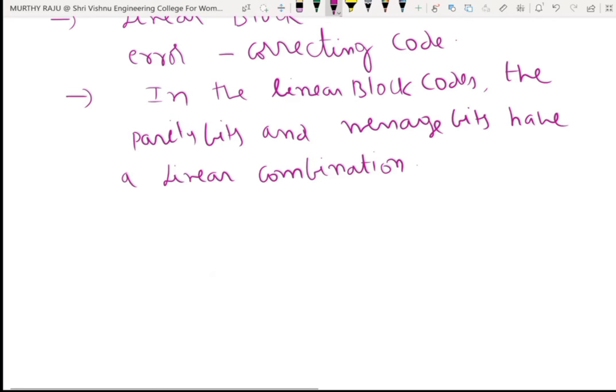Later, I will explain what is meant by the linear combination of these parity bits and message bits.